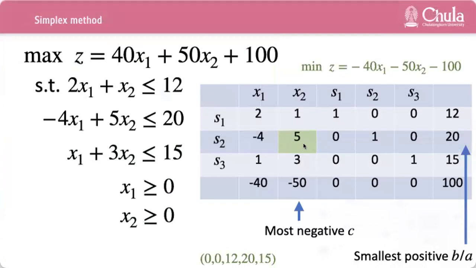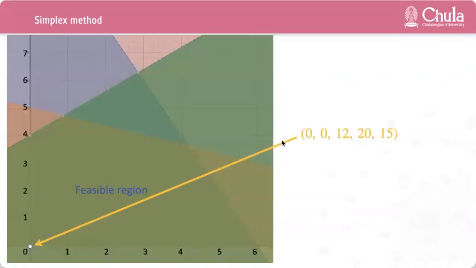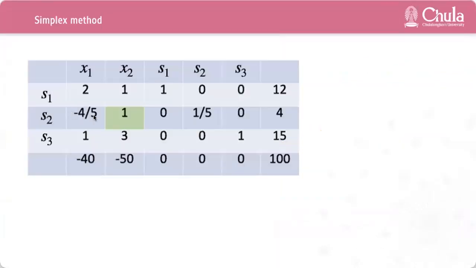From this one, we know that once x2 enters the set of basic variables, the coefficient here must be 1, right? So we divide this row by 5. Once we divide it by 5, the first element becomes -4 over 5.